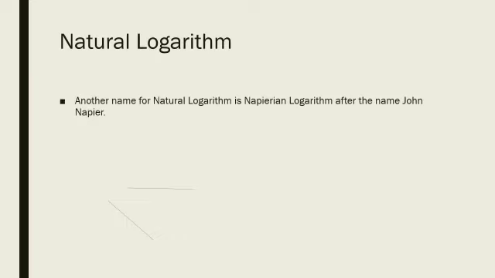We start with the natural logarithm, and another name for natural logarithm is Napier, after the name John Napier. The natural logarithm is a logarithm of the number to the base e.